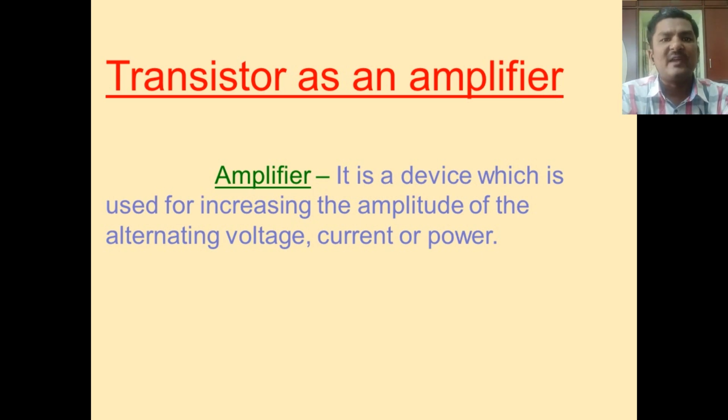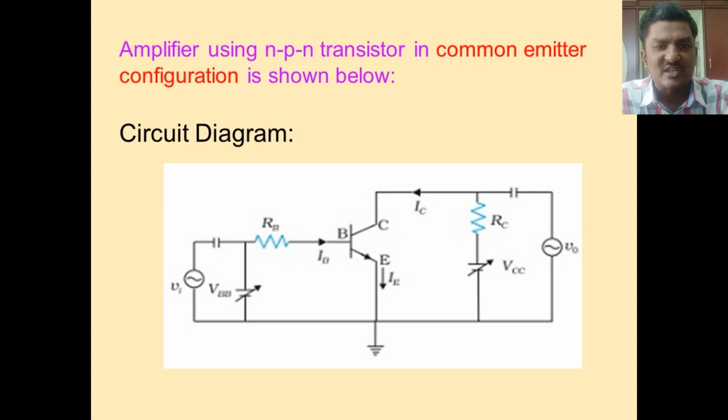Explanation of amplifier using an NPN transistor in common emitter configuration. Among common base configuration, common collector configuration, common emitter configuration, in most of the cases they prefer common emitter configuration. Here we consider common emitter configuration of NPN transistor.